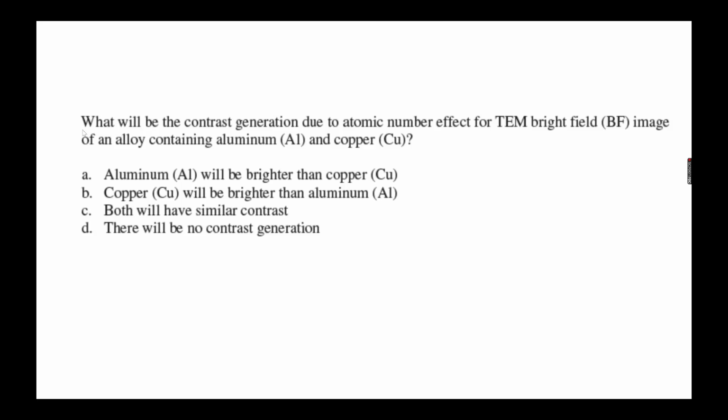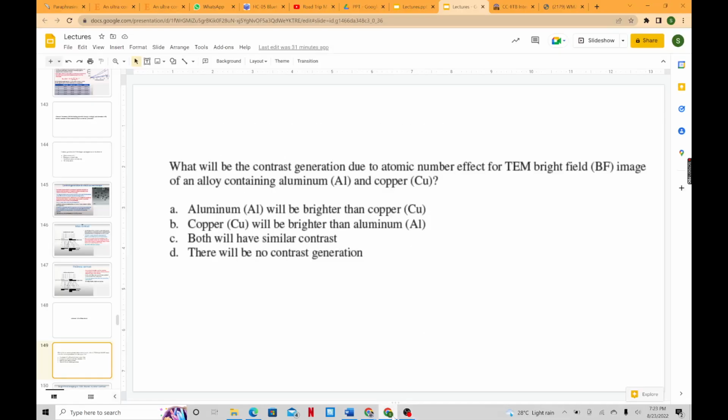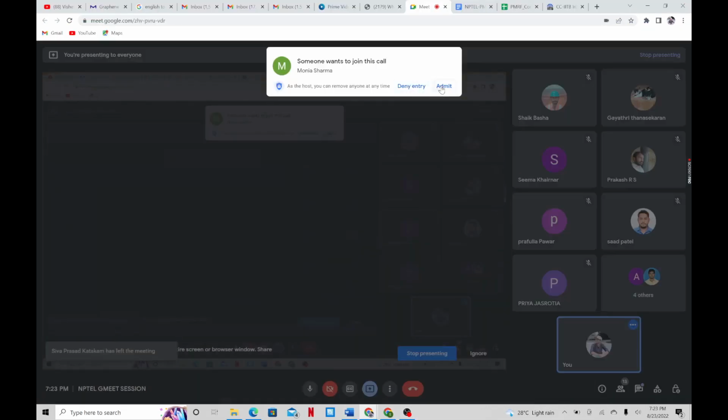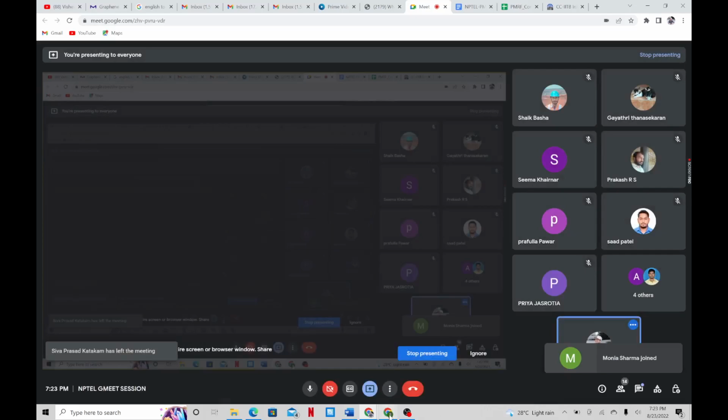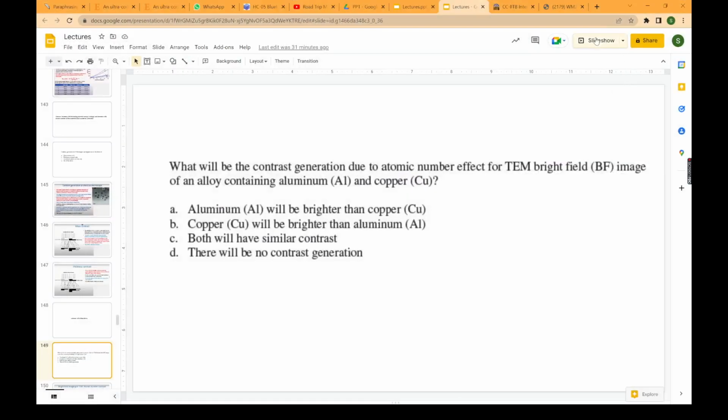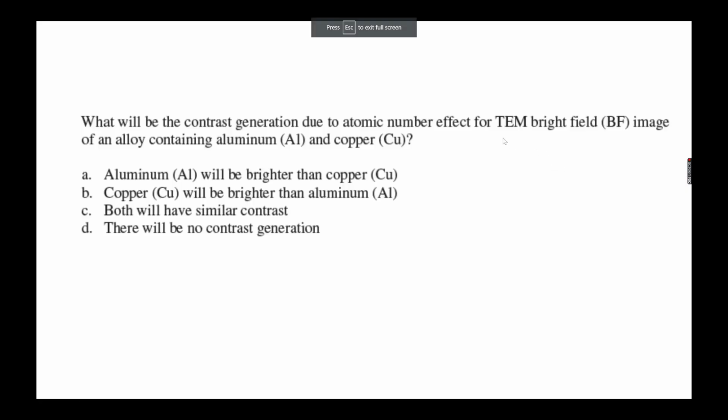Okay, the next is: what will be the contrast generation due to the atomic number effect? This is again the same question in TEM, but it is giving you some example, like the bright field image of an alloy.